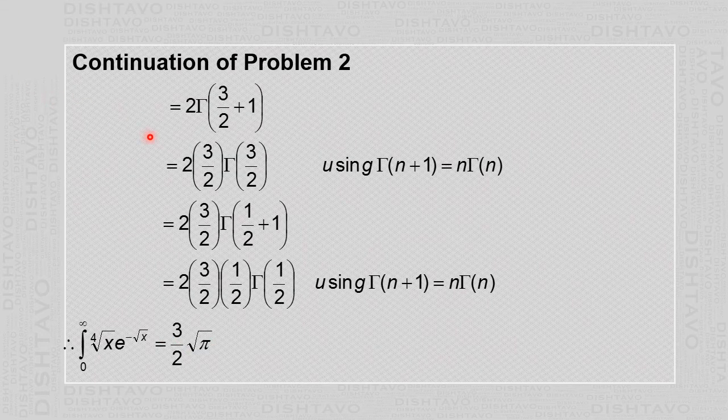To find the value of gamma of 5 by 2, in order to use one of the properties, we write 5 by 2 as 3 by 2 plus 1, and we know that gamma of n plus 1 equals n times gamma of n. So n here is 3 by 2, and gamma of 3 by 2 plus 1 becomes 3 by 2 gamma of 3 by 2.